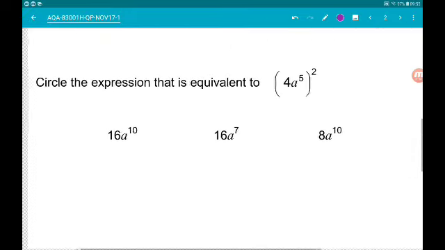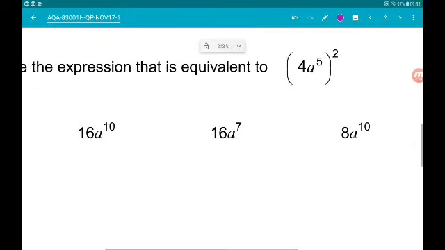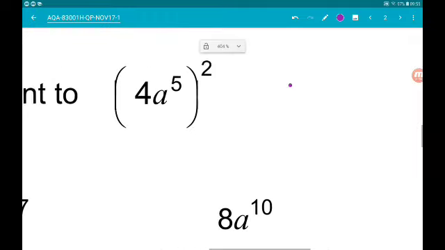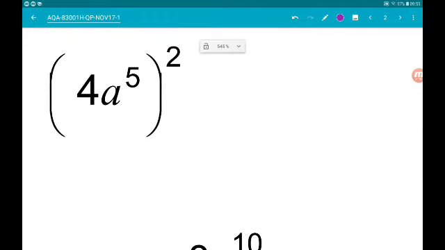Question 3 asks us to circle the expression equivalent to 4a to the power of 5 all squared. So when you have a single term but with different parts inside of a bracket, as we do here, we have 4 and a.